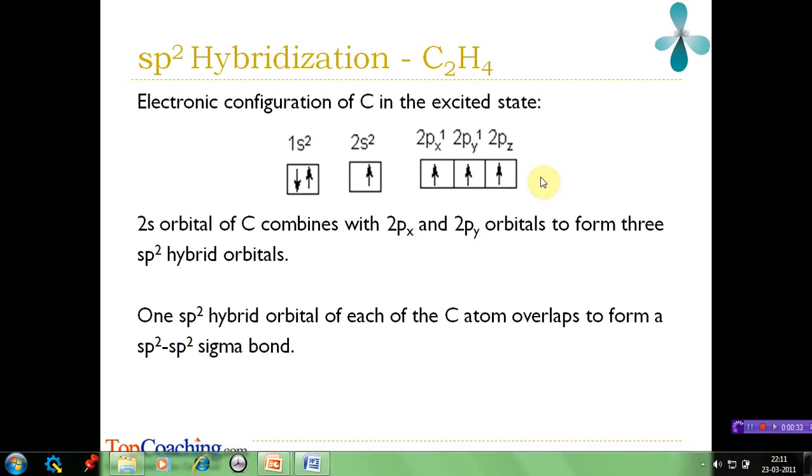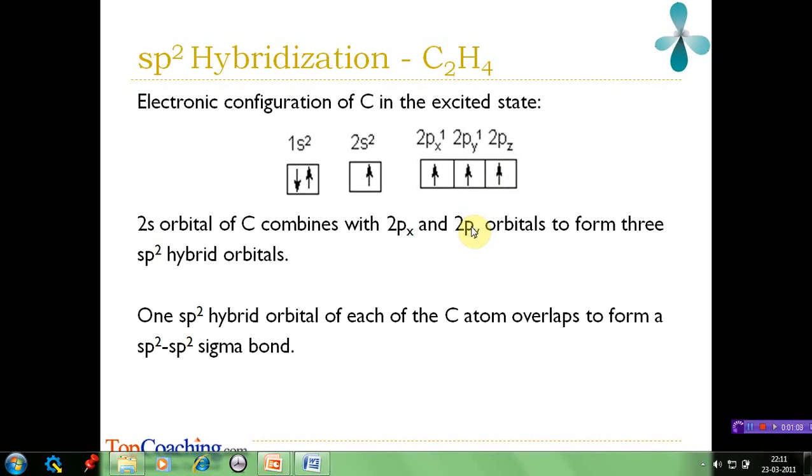Now, during the formation of ethylene, 2s orbital of carbon combines with two half-filled p orbitals, let's say 2px and 2py, to form three identical sp2 hybrid orbitals, which are inclined at 120 degree to each other in the same plane. Now the unhybridized 2pz orbital remains perpendicular to the plane of the hybrid orbital.